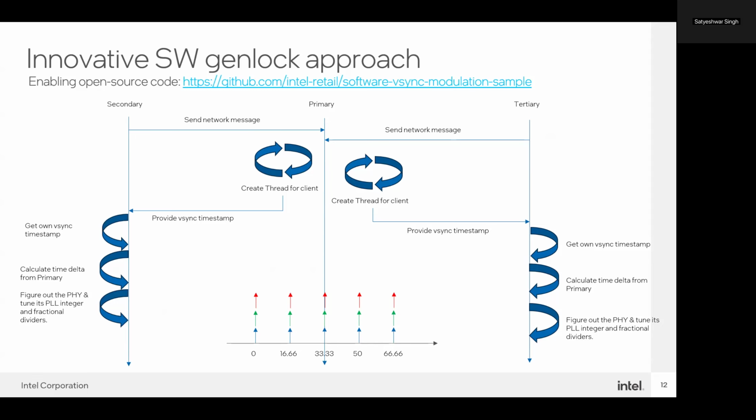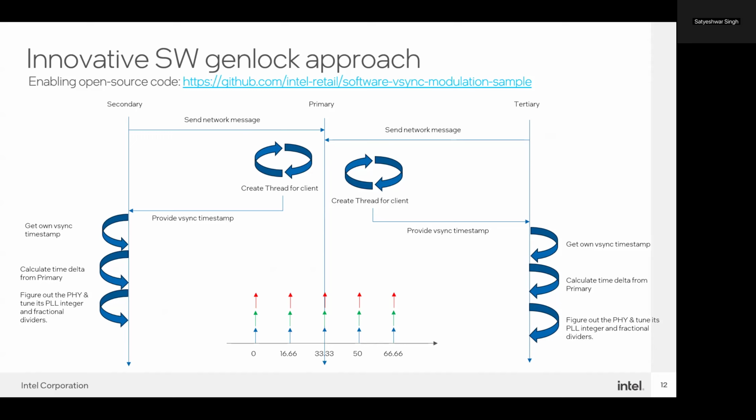Over time, this 16 microseconds would start accumulating such that, let's say the delta was 4,000 microseconds, we would be able to get to that delta, so that after a few seconds the primary and the secondary are exactly on top of each other.